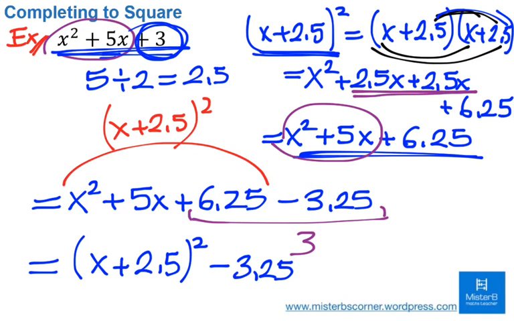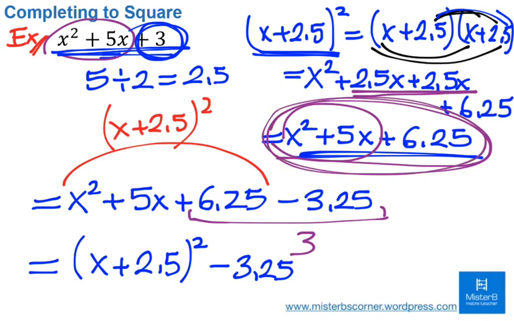So basically what I need is this perfect square expression, whose first two terms should be the same as these two. And then I'm trying to adjust the last term, because the last terms do not match. I have 6.25 here, I have 3 here.